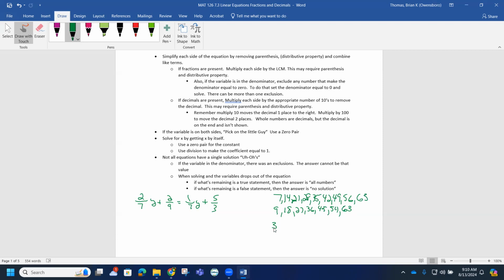So I noticed that 3 is going to fall in line with the 9s because you're going to have 3, 6, 9. So notice that about every third multiple of 3 is going to be a multiple of 9. 12, 15, 18.